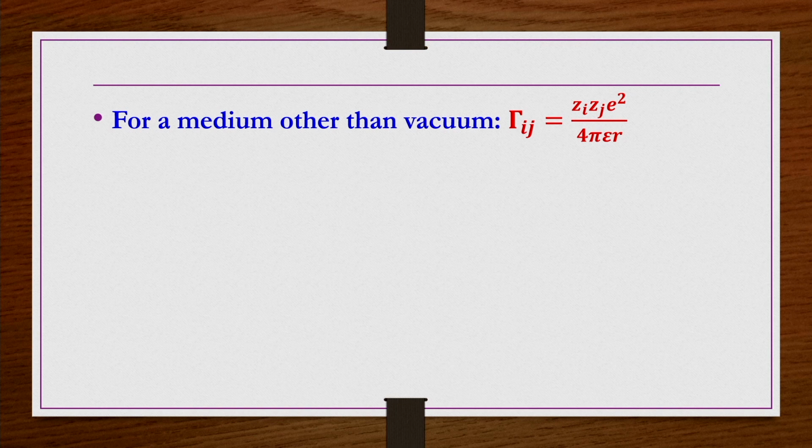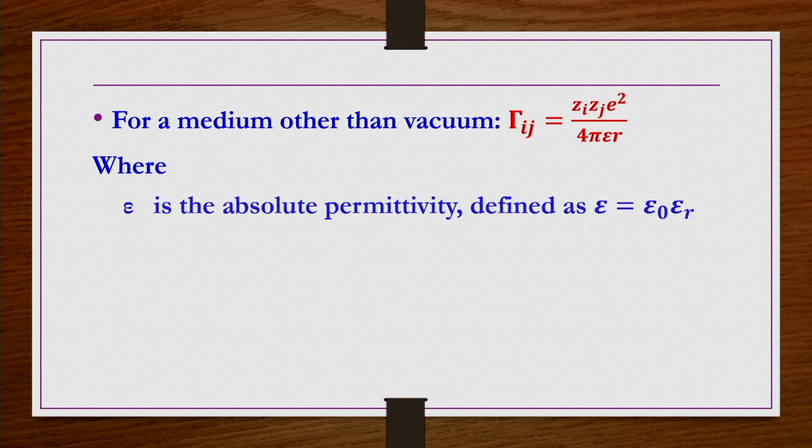We can understand the same thing much better by an example. We will do that one as well. So, for a medium other than vacuum, gamma ij is equal to Zi Zj e square by 4 pi epsilon r, okay, where epsilon is the absolute permittivity defined as epsilon equals epsilon naught epsilon r.